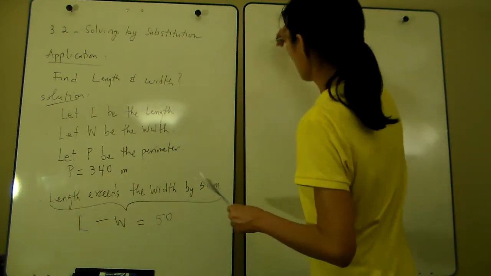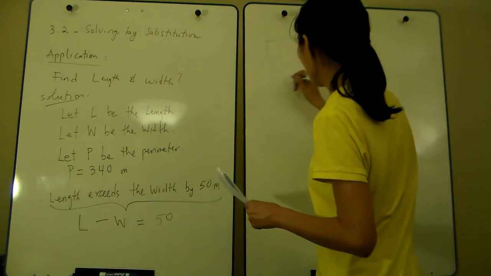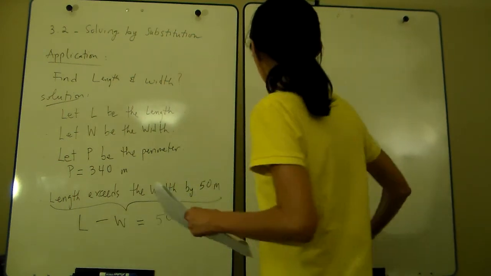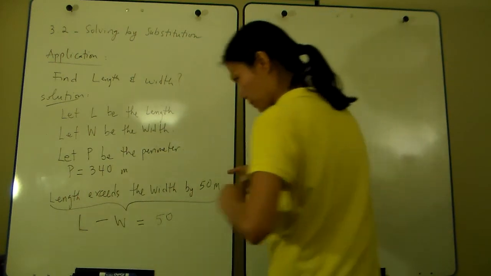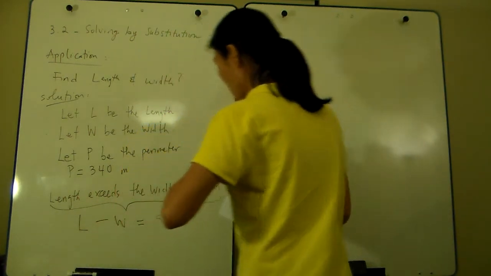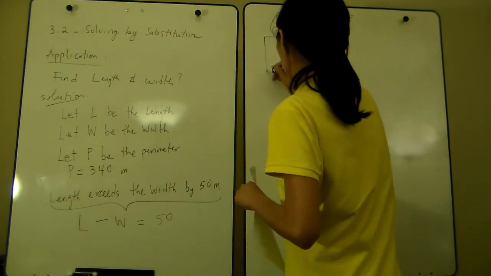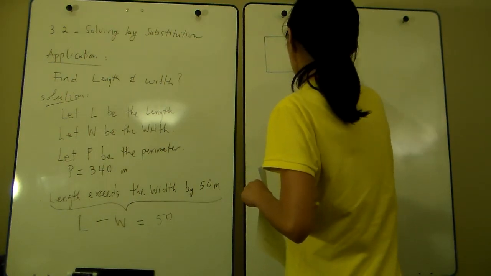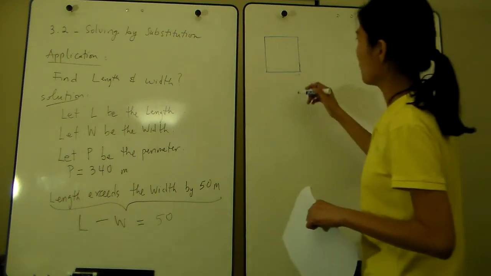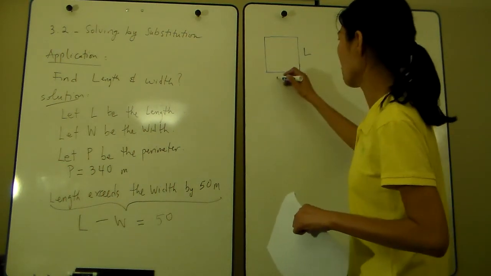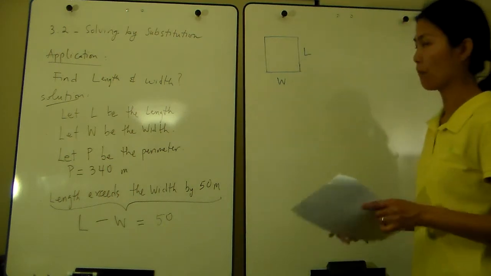Now, if you recall from geometry, for example, this is the soccer field. It's a rectangle, it has a rectangular shape. Let's call this the length and this the width. The length is longer in this case, so I pick it longer.